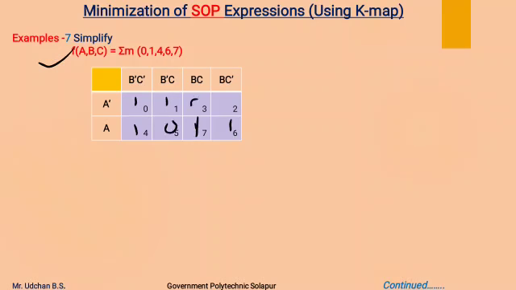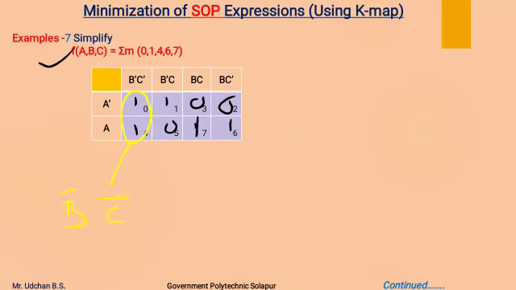For remaining enter 0. So here we cannot get a chord and octet, we have to make pairs only. This will be our first pair, which will give the equation as B bar C bar.